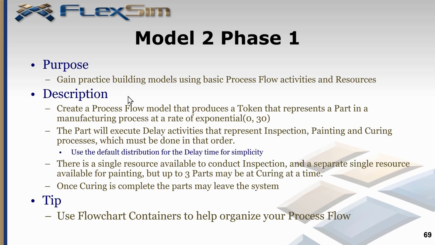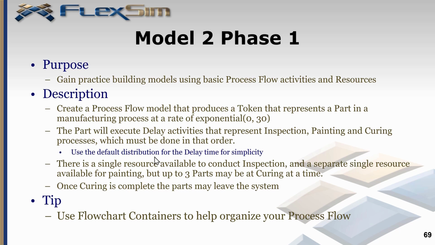The part will execute delay activities that represent inspection, painting, and curing processes, which must be done in that order. So we'll have 3 delay activities, one for inspection, one for painting, and one for curing in series. Go ahead and use the default distribution for the delay time, just for simplicity purposes.